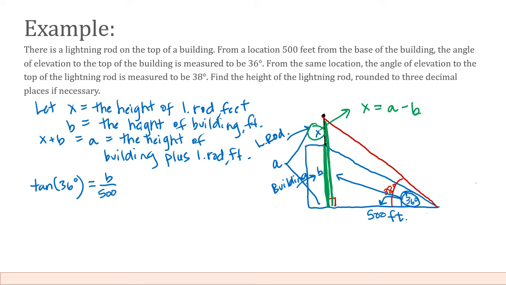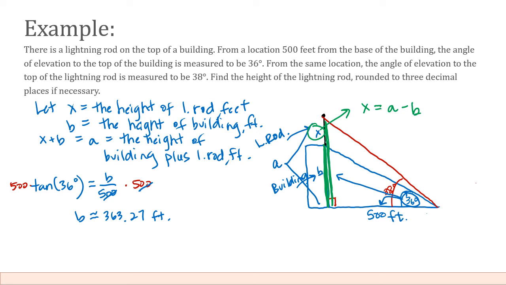And if I multiply both sides by 500, I get that b is approximately, so go ahead and put that into your calculator, I got approximately 363.27 feet.